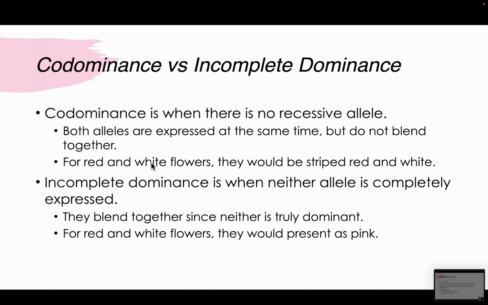There is another type of codominance that pops up rather frequently, which is blood types. Blood types, and I forgot to include it in this presentation, are codominant, but they also have multiple alleles. Multiple alleles is when you have more than just the two basic dominant recessive type alleles.